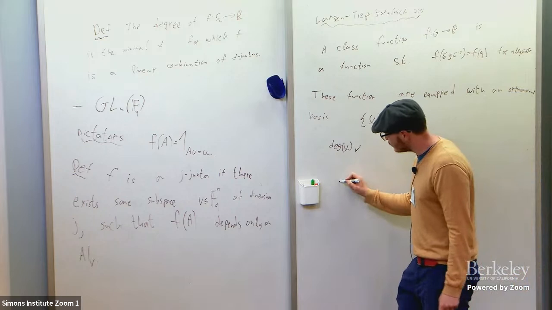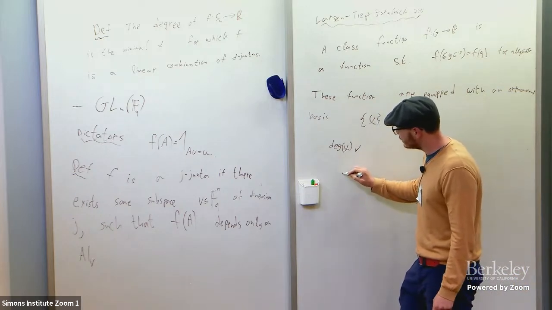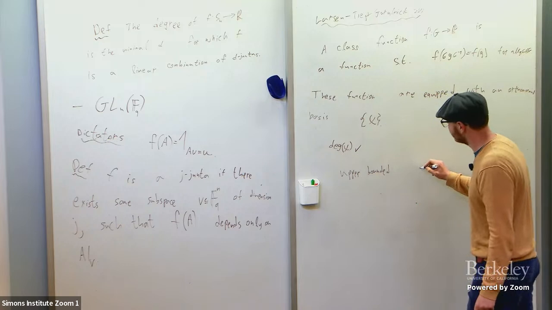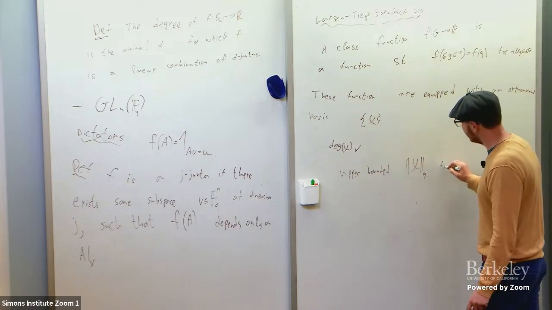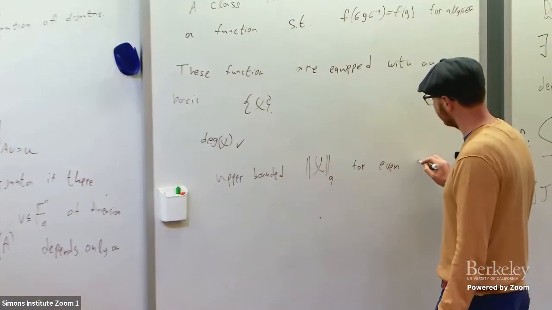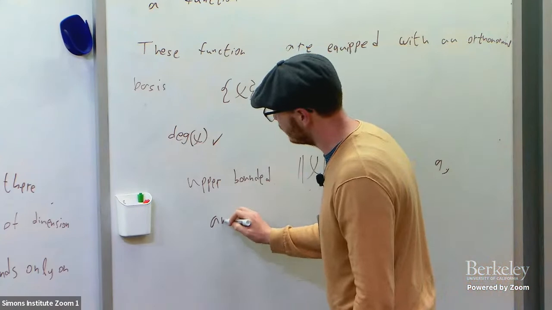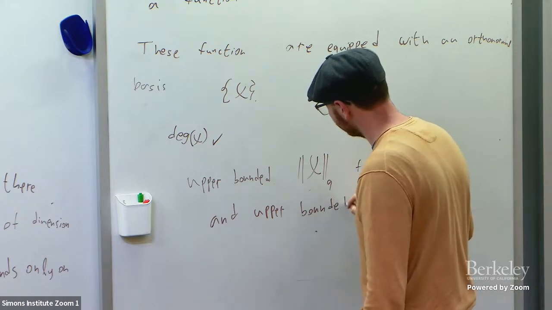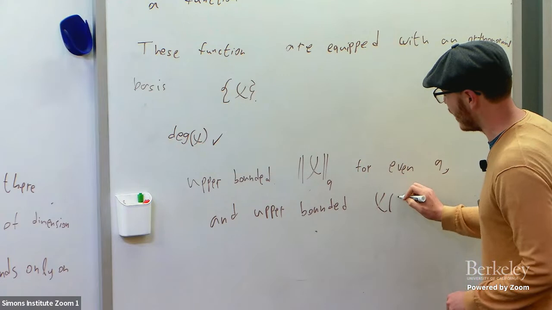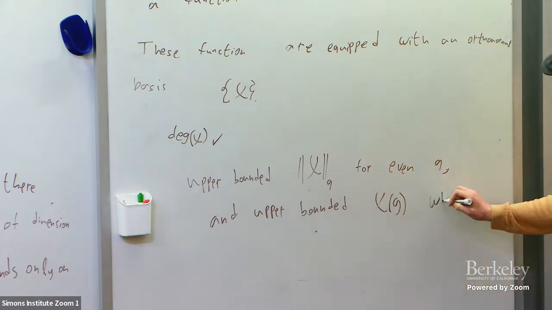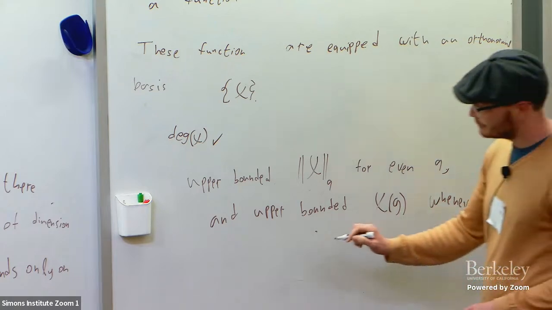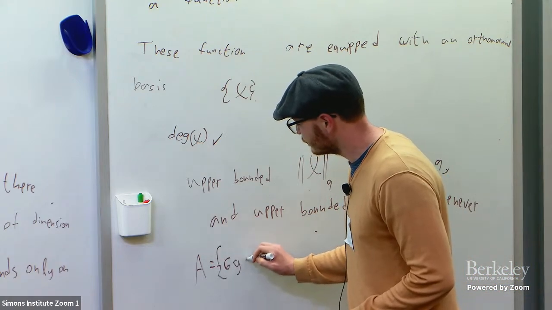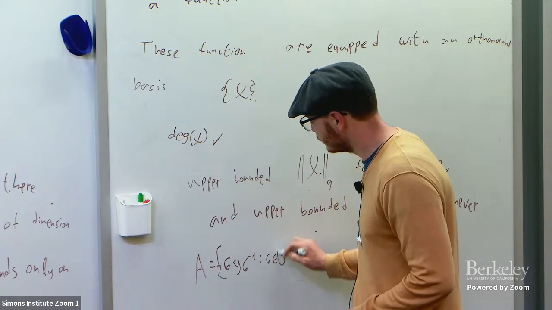What they did is upper bound the Q norms of the characters for even Q, and then upper bound chi of g whenever the set A of all elements in the conjugacy class is large.